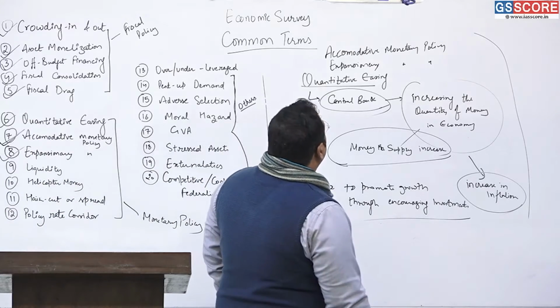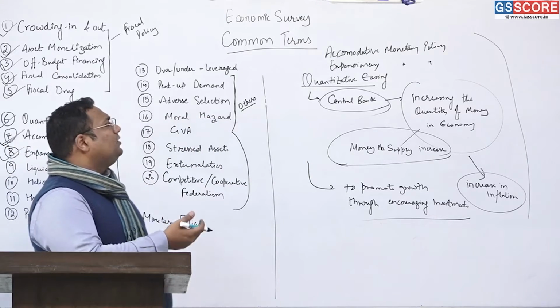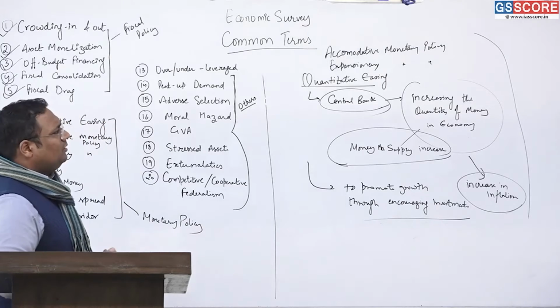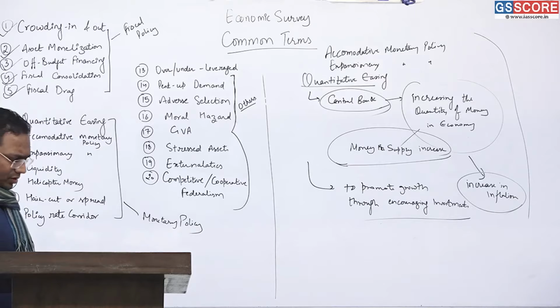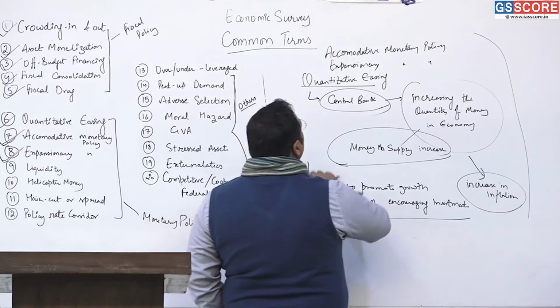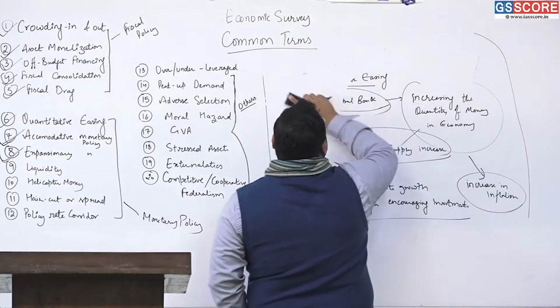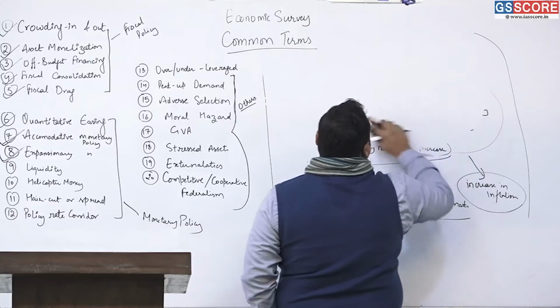In both of these, quantitative easing is happening. So this is all about these three terms, not really too much to explain. You just need to know that there are certain terms like this.